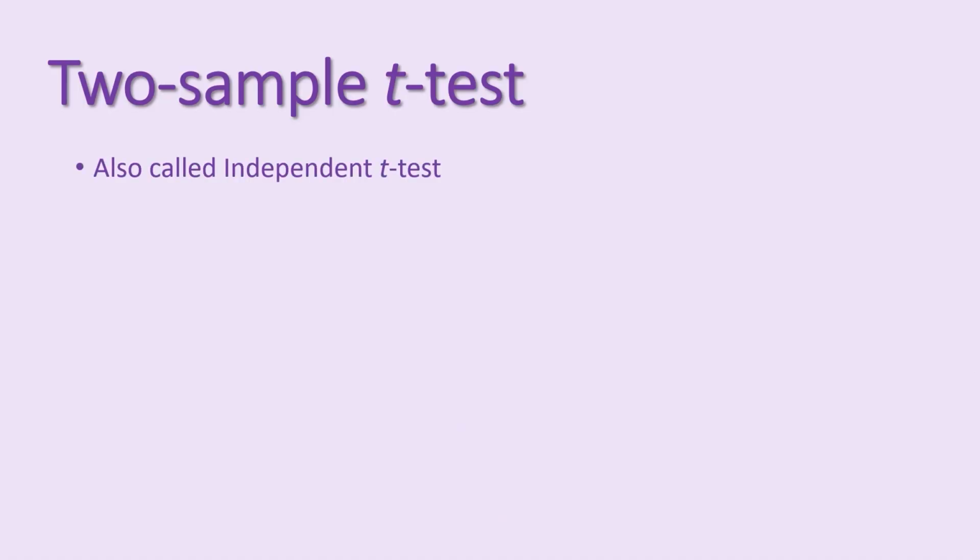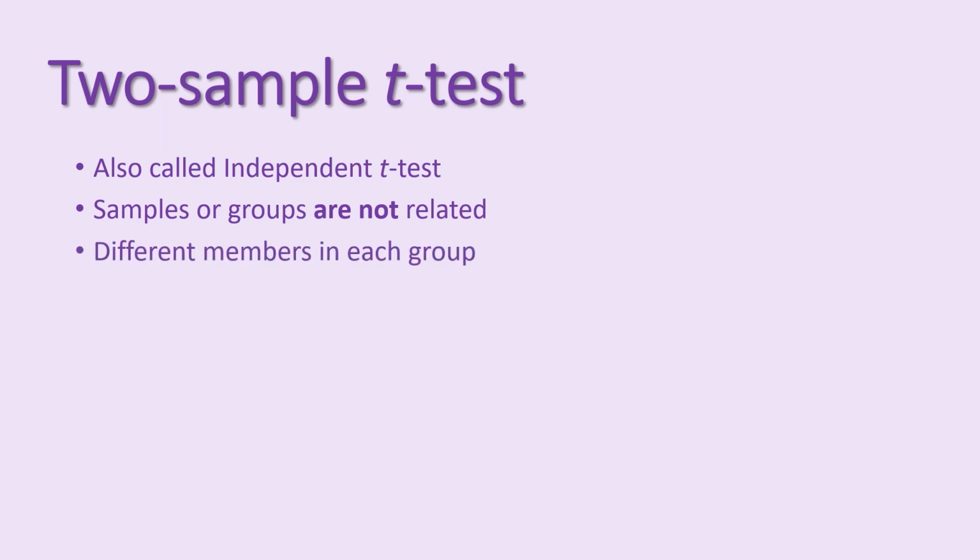The 2 sample t-test, also called an independent t-test. I don't like to use that word independent because sometimes it confuses students with independent versus dependent variables. I'd rather not call it that. But the thing for you to remember is that here, again, we're still looking at 2 groups, right? But the groups now are not related. These are unrelated groups. So they're different members in each group.